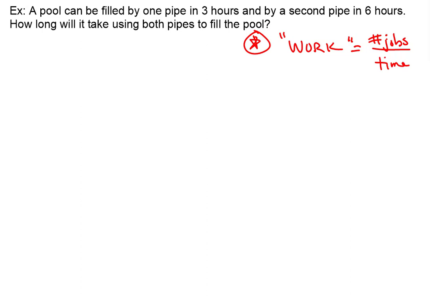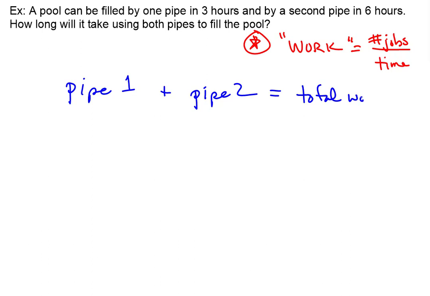Now, this has a pool being filled. So if we wanted to be descriptive like this, we could say pipe 1 is working with pipe 2. So the pipe 1 work added with pipe 2 work is going to equal the total work.